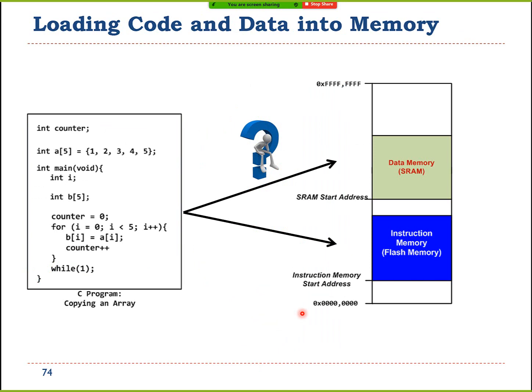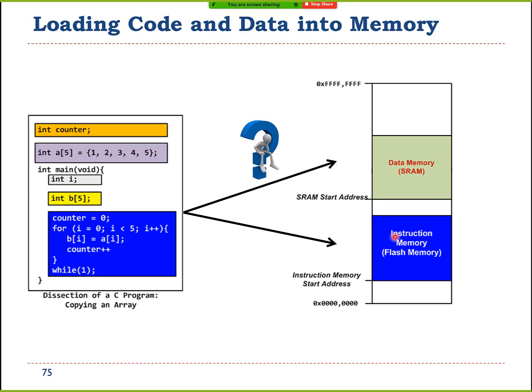So actually for the processor, you can say the processor has the memory, and the SRAM and the flash memory have different regions in your memory. The start addresses are different for these two types of memory. This is the instruction part that goes to the instruction memory, and these are going to the data memory.